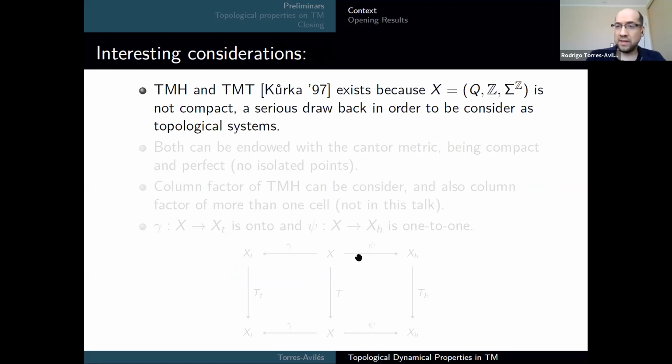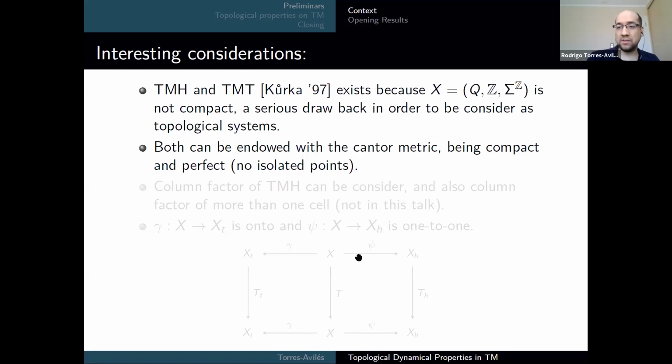Both TMH and TMT were proposed by Kůrka in his seminal paper in 1997, and this was done because Kůrka wants to define topological systems for Turing machines correctly, and not having compactness is a serious drawback, citing his words.